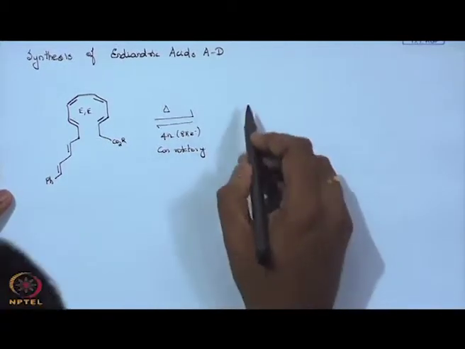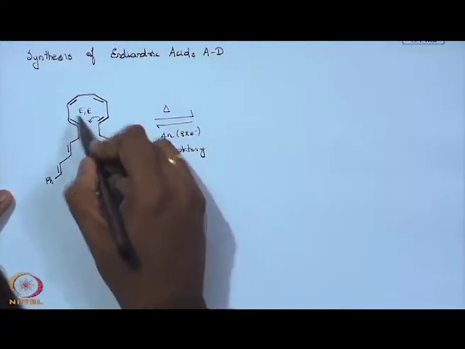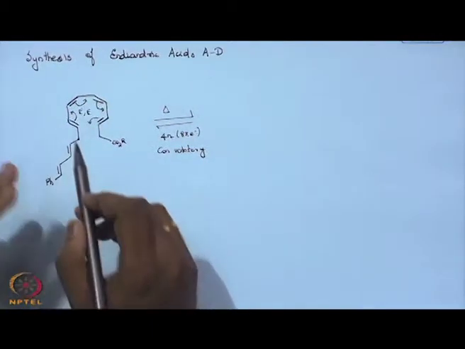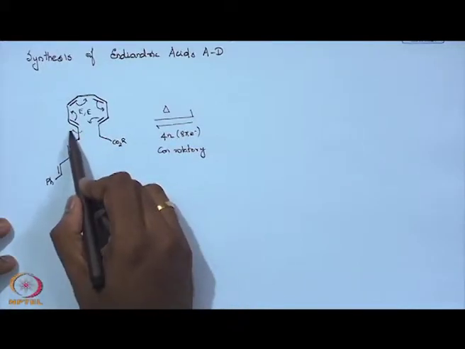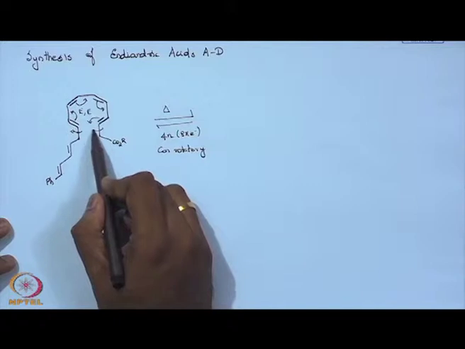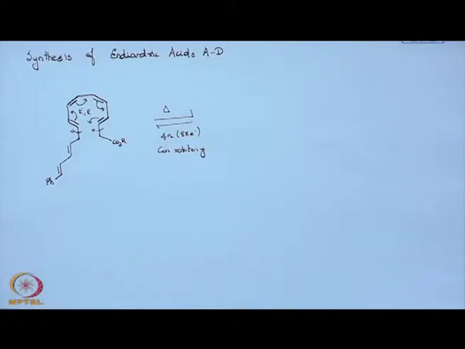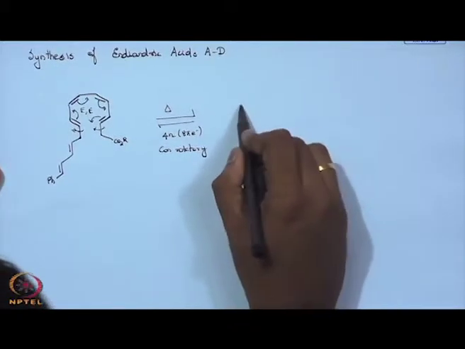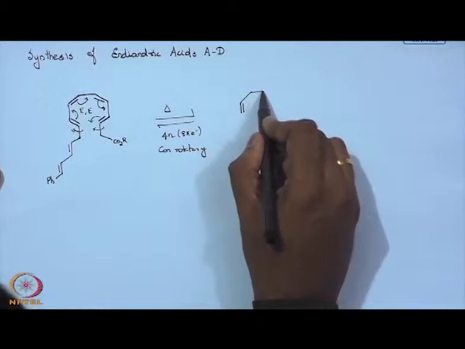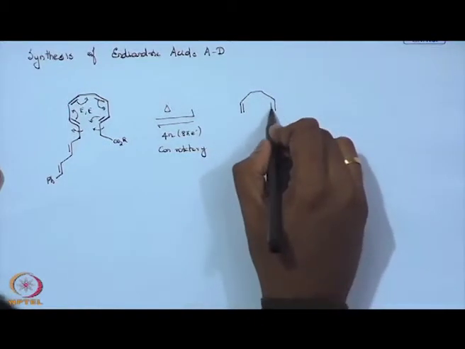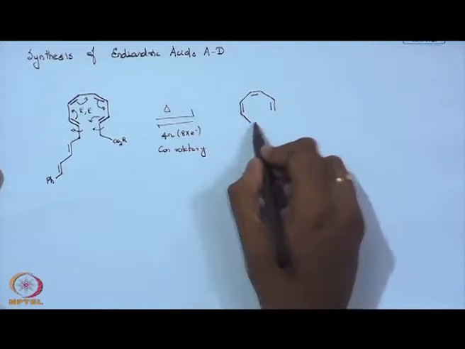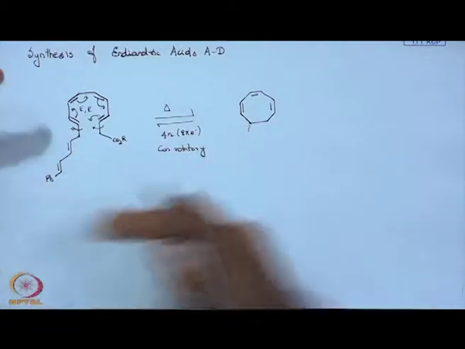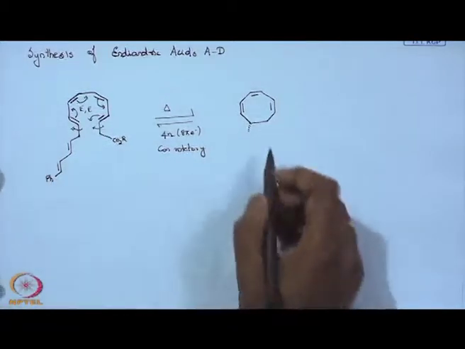And you know about the conrotation mode, right. Both should rotate in the same direction because it is conrotatory; you can think of clockwise. Then you get a product. One should be outside and one should be in, so both will be in different planes.